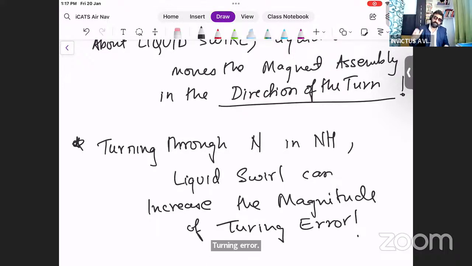This is why the statement is justified that turning through south in northern hemisphere will reduce my turning error.